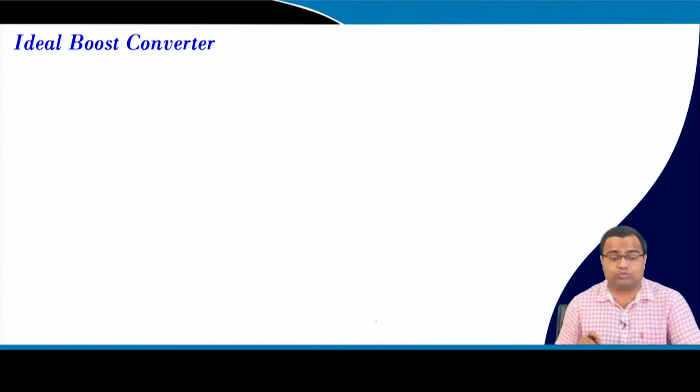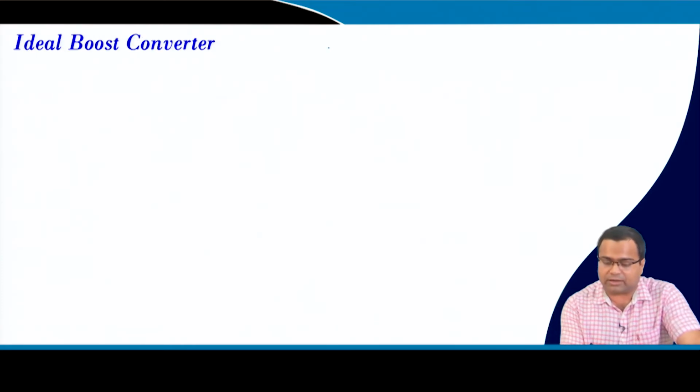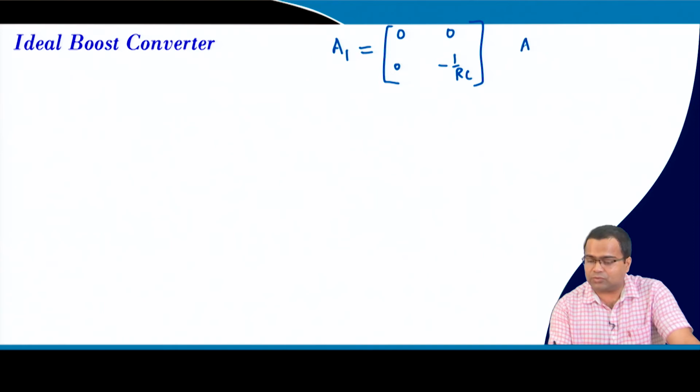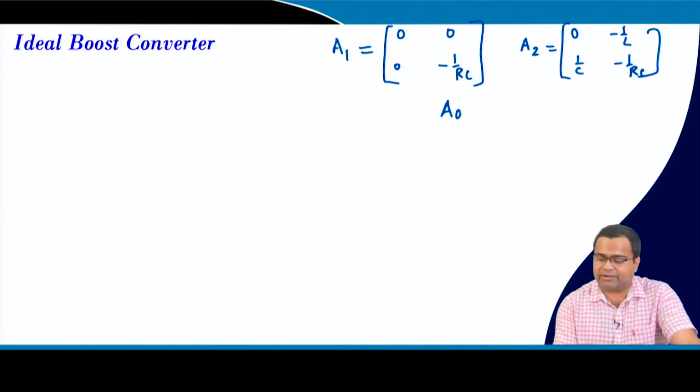Now, we consider a boost converter. So, in an ideal boost converter, what is our A1 that we consider? It is 0, 0, 0, minus 1 by RC. What is our A2? Our A2 was 0, minus 1 by L, 1 by C, minus 1 by RC. Then what is our A average?